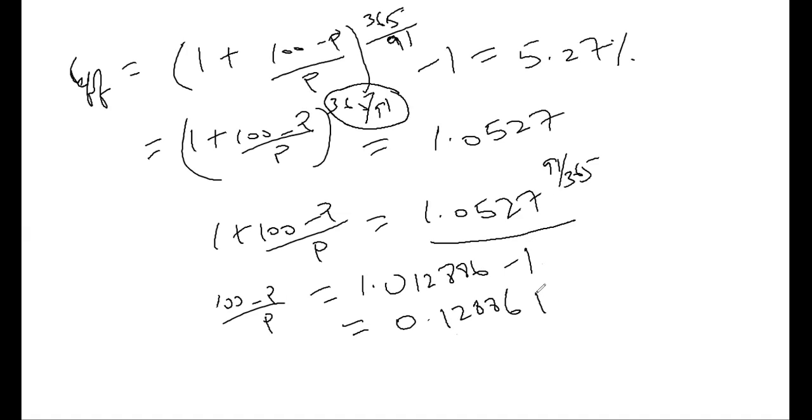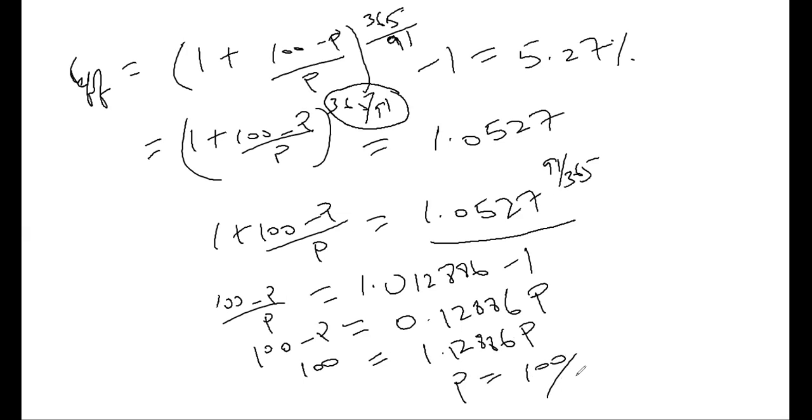I'm going to take the P up, that's on the bottom, so that becomes P, and that's 100 minus P. So 100 is equal to 1.012886 P. So P is equal to 100 over 1.012886. So what's P equal to?